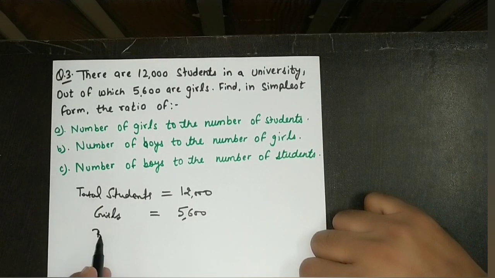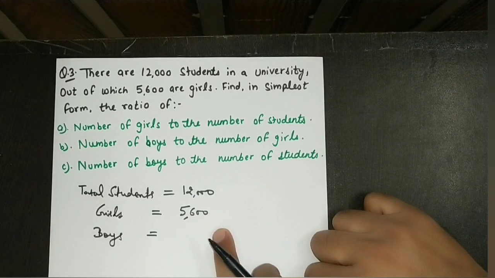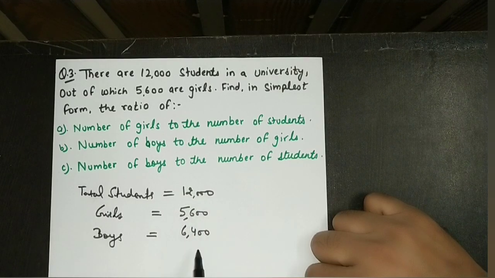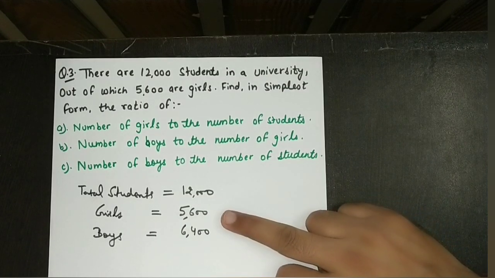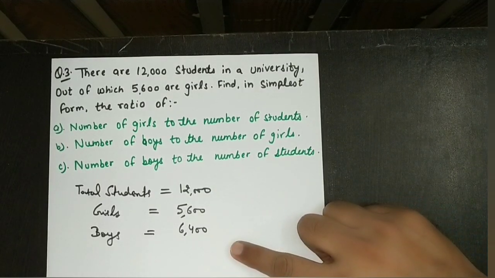The number of boys is, out of 12,000, if 5,600 are girls, the difference is your number of boys. So the difference of 12,000 and 5,600 is 6,400. We are subtracting 5,600 from 12,000 and we get the answer 6,400.